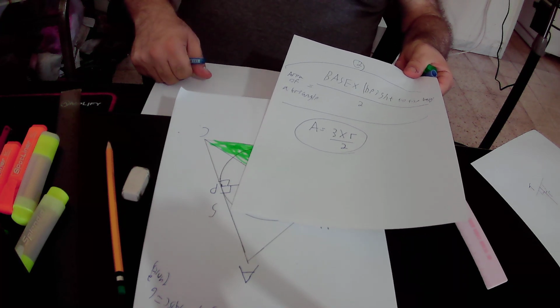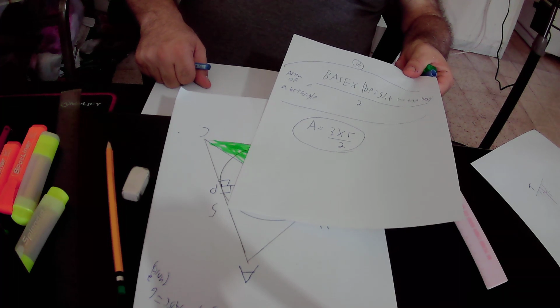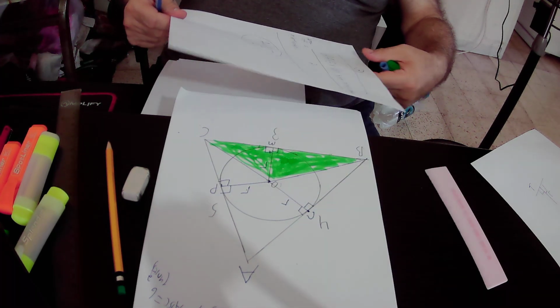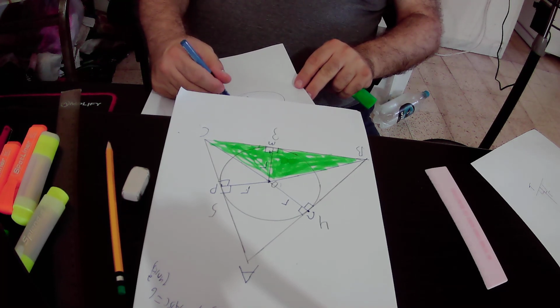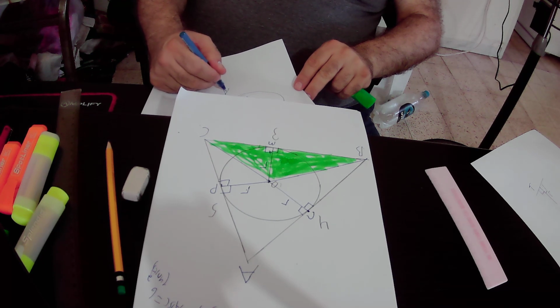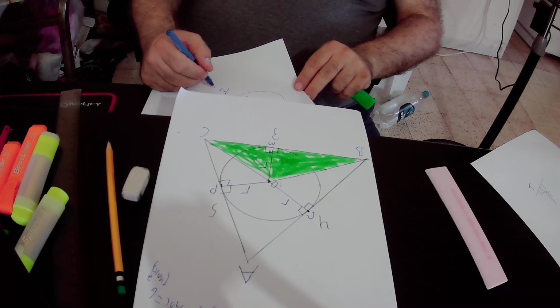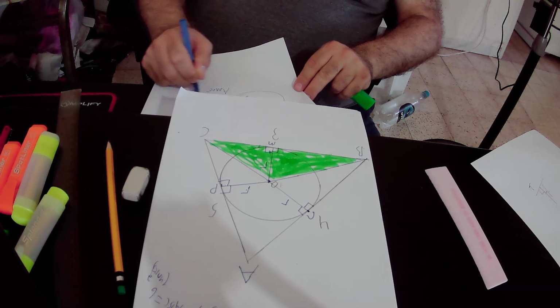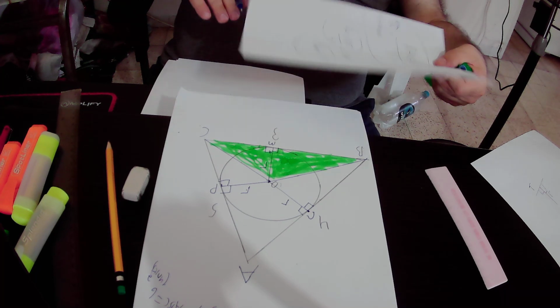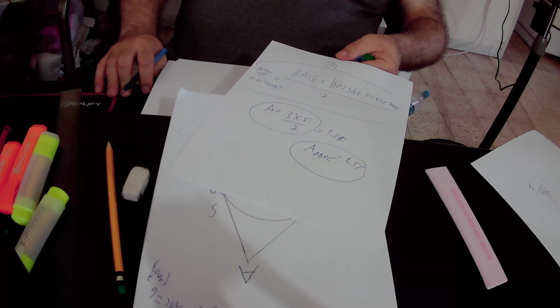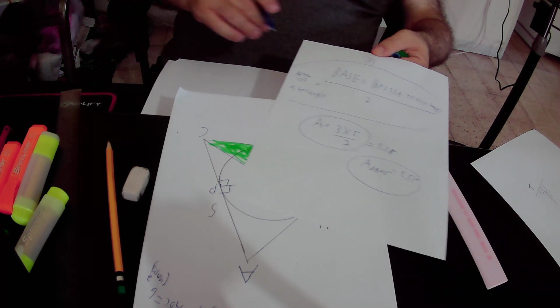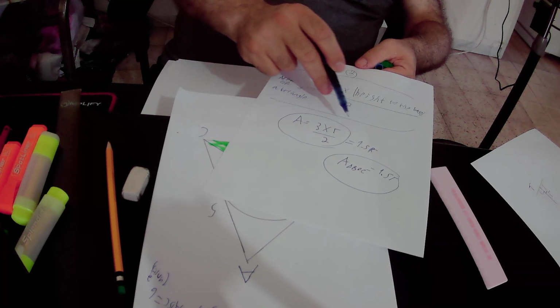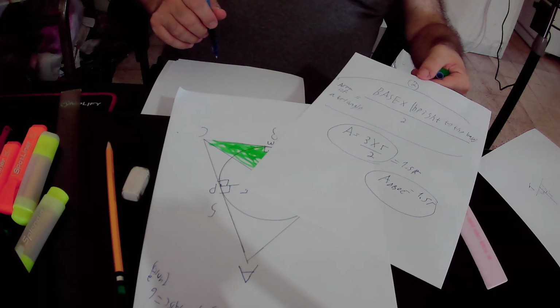So it is actually 1.5 R, because 3 over 2 is 1.5, times R. Okay, the area of the green triangle BOC equals 1.5 R units.